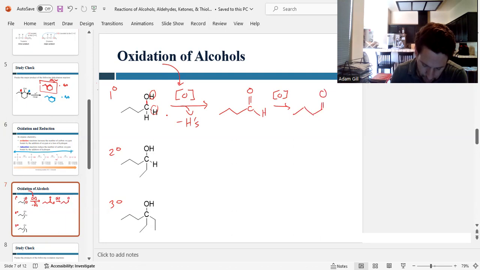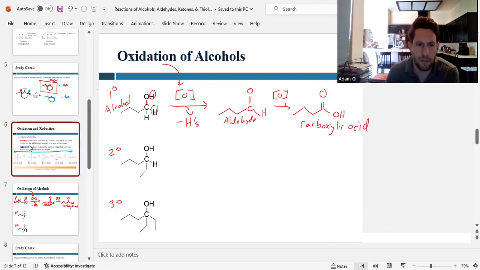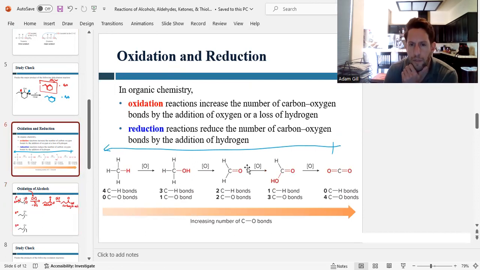And two bonds to oxygen would become three bonds to oxygen in the form of a carboxylic acid. So a primary alcohol always oxidizes to become an aldehyde, and aldehydes always oxidize to become carboxylic acids. Just like we saw on the chart here, alcohol becomes the carbonyl, becomes the carboxylic acid.